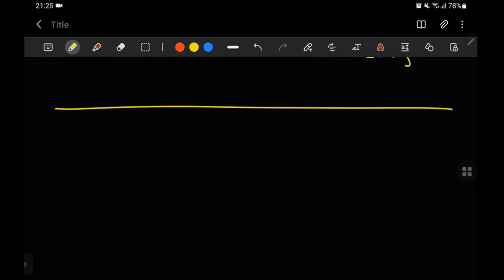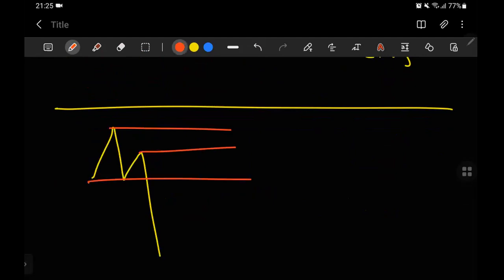So for the real market application, we will look something like this. So trend line will also be missed.